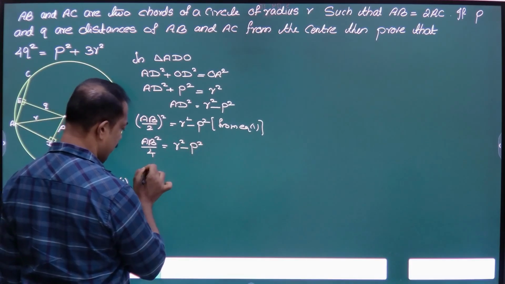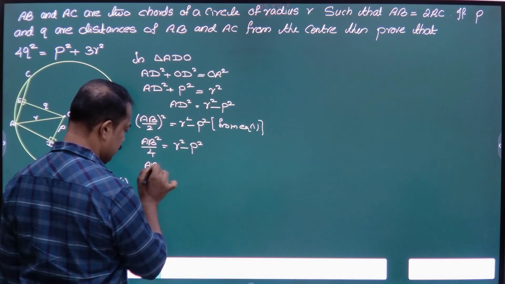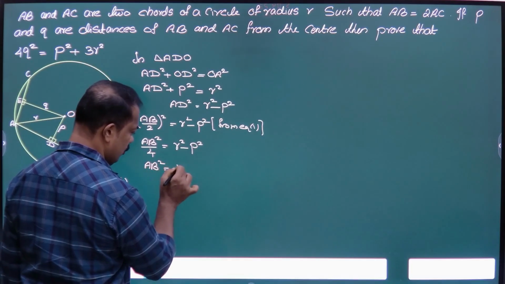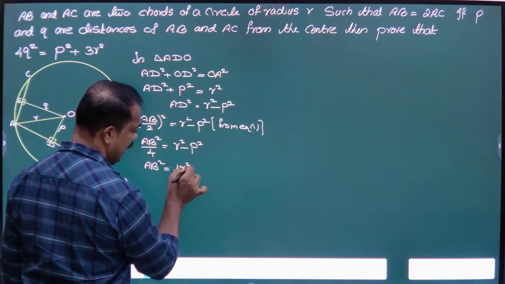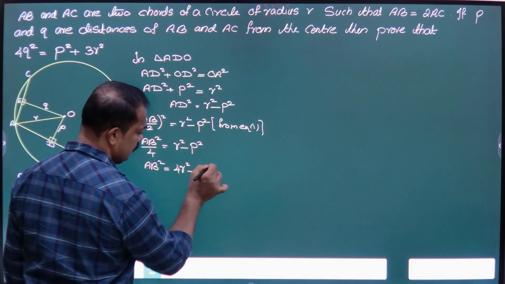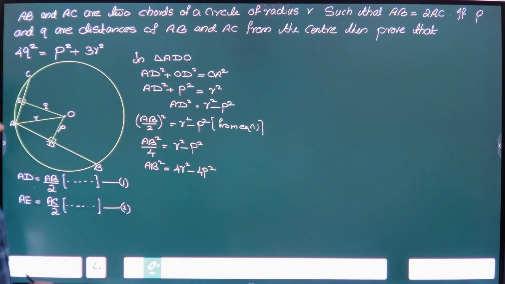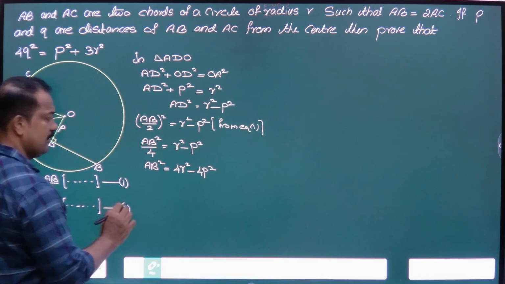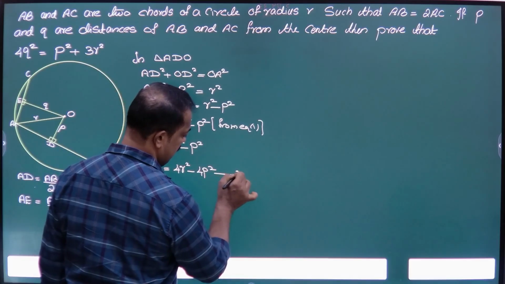Cross multiplication: AB square is equal to 4R square minus 4P square. This is equation 3.